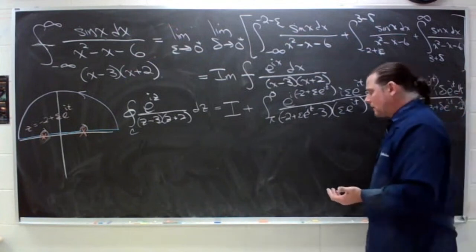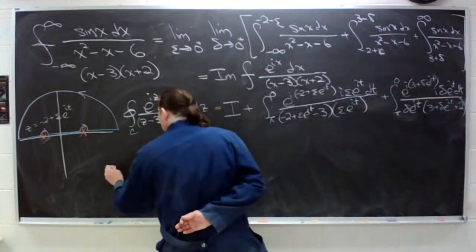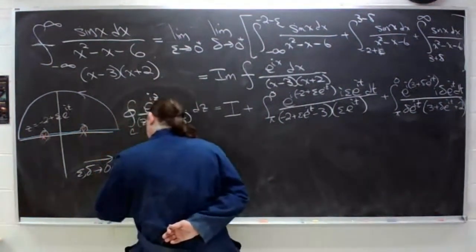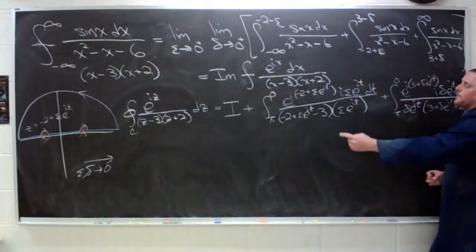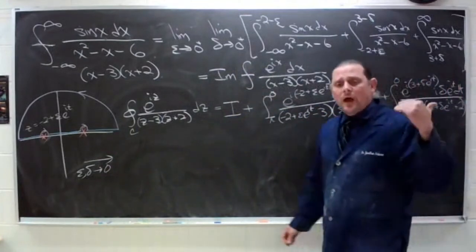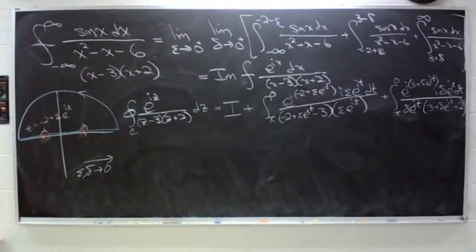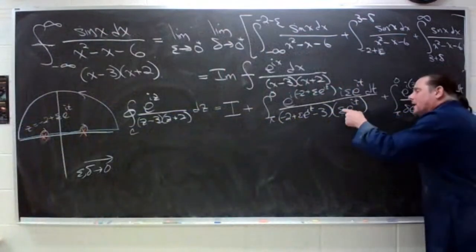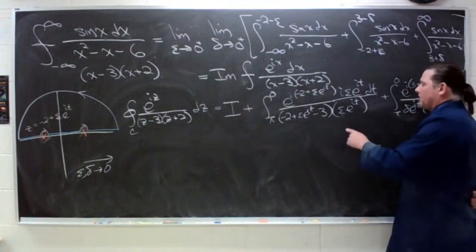All right? So now let's simplify this and see what happens. As epsilon and delta tend to 0, look what's happening here. The reason that they were singular points, the reason that we're going through all these machinations, is because the denominator is vanishing.